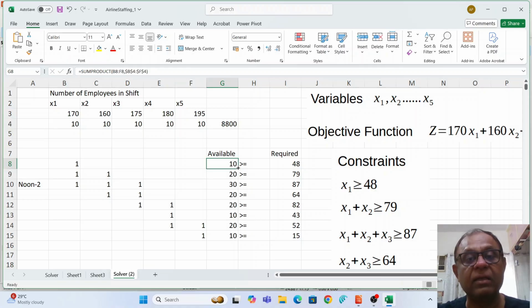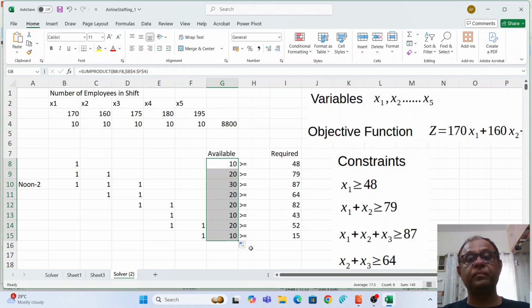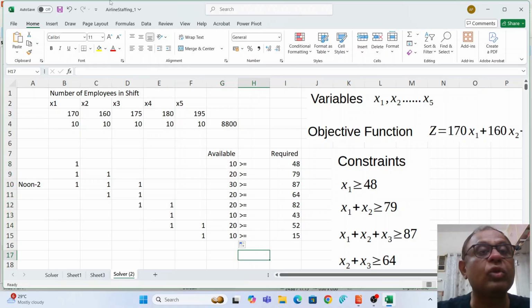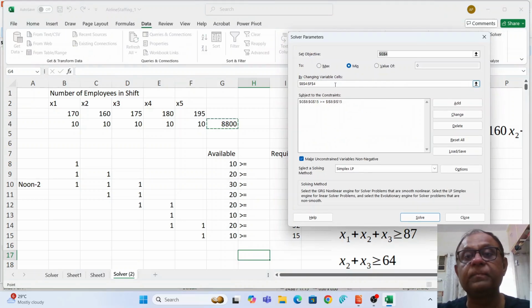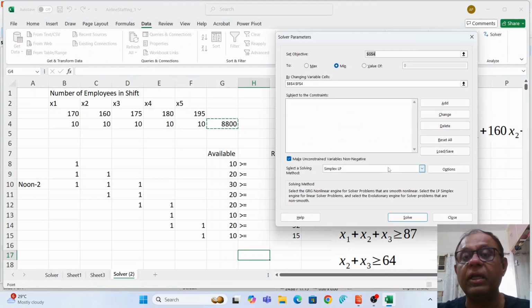Now we drag and get it till the bottom. Now to solve it, we go to Data, we go to Solver. Let me delete the previous one, click Add.